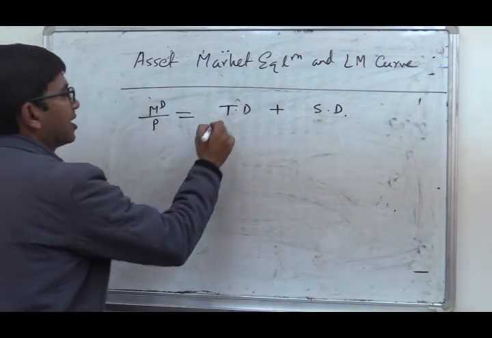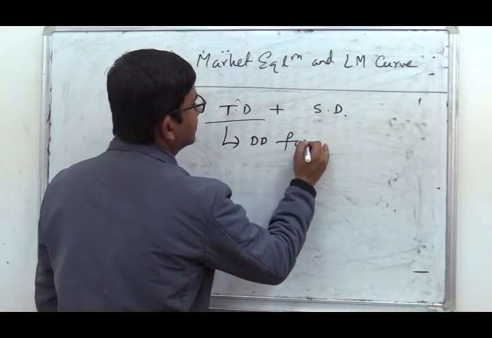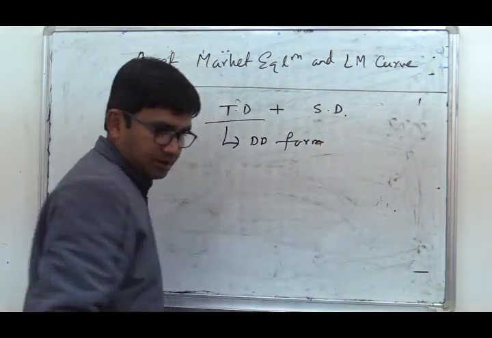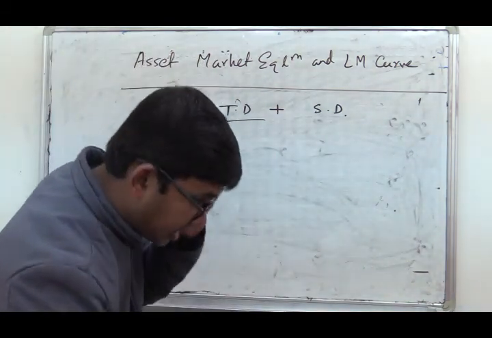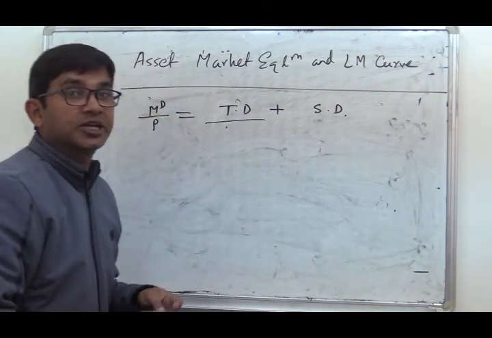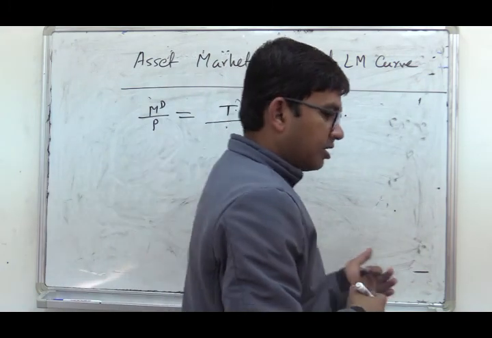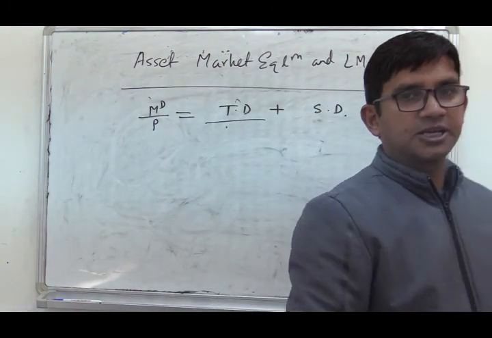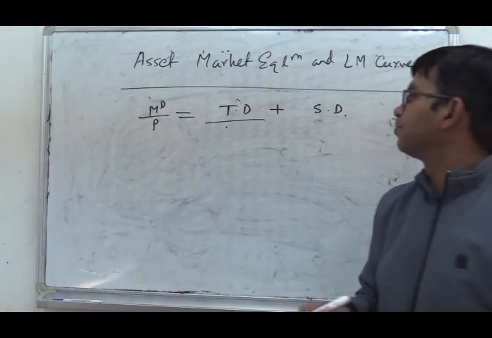Transaction demand for money is basically the demand for money as a medium of exchange. So, for purchasing or different types of transactions, we have to hold money in our hands.